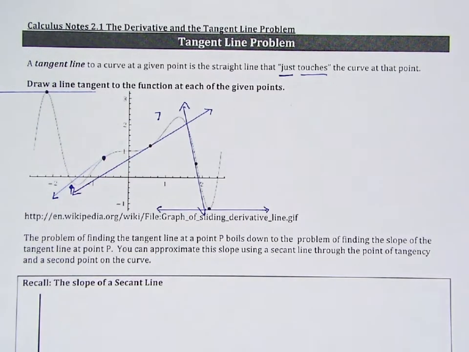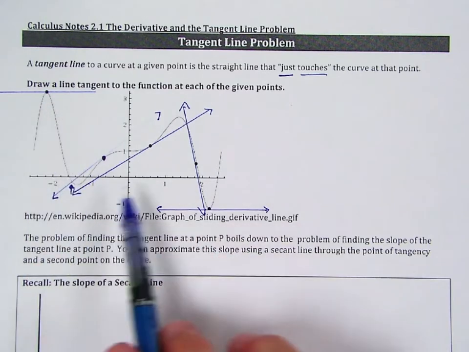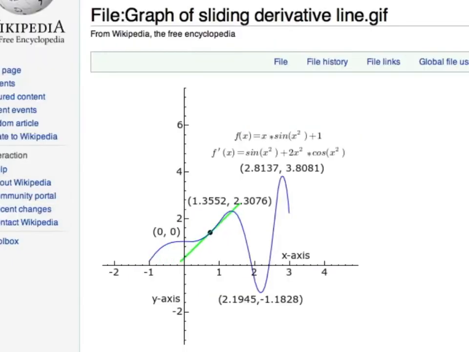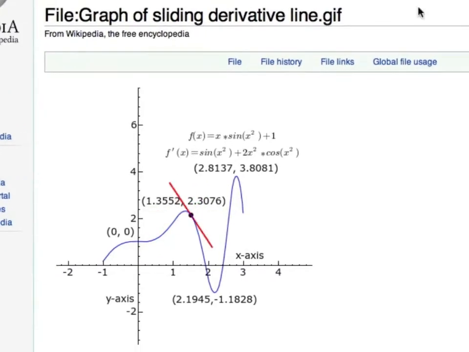Okay. Now at Wikipedia they actually have the same graph and they show the tangent lines going on the entire surface. Let me show you that now. So here you can see the tangent line at each of these points.